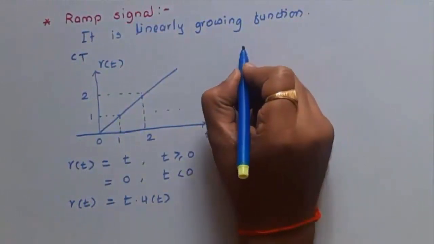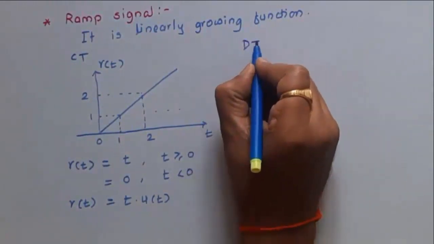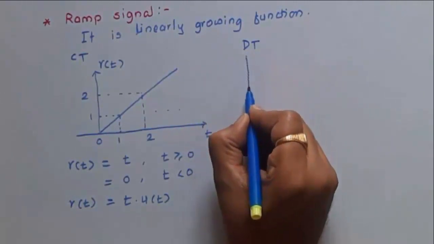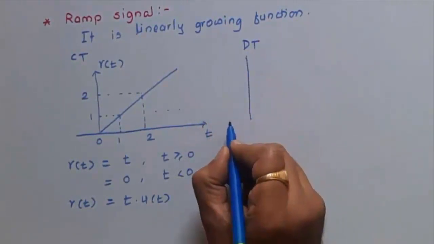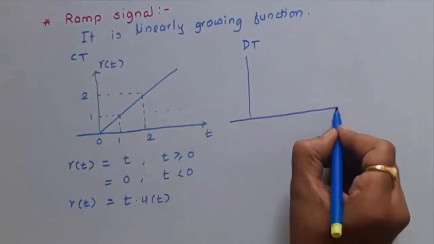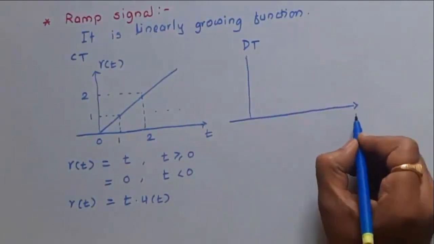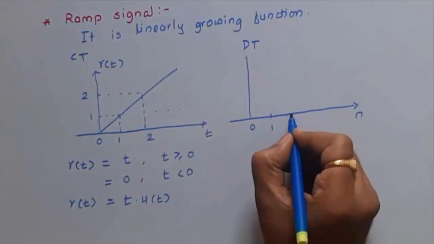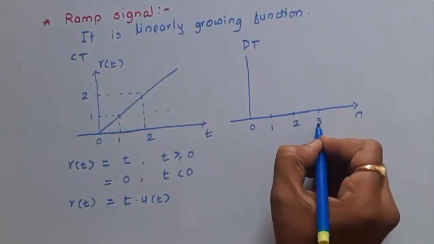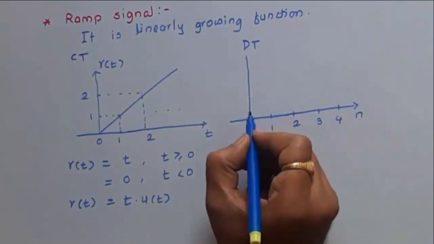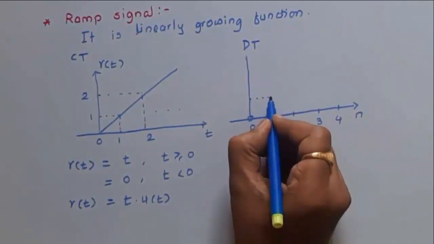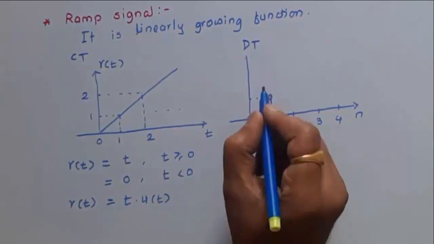Similarly, this continuous time signal we can sample and represent the discrete time ramp signal as r[n], whose amplitude increases with the value of n.